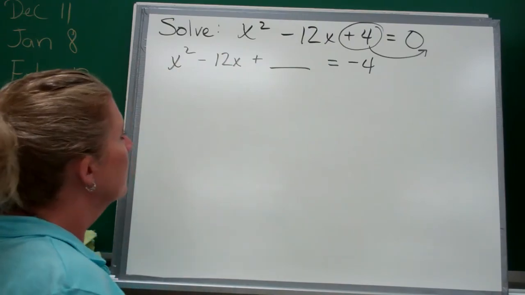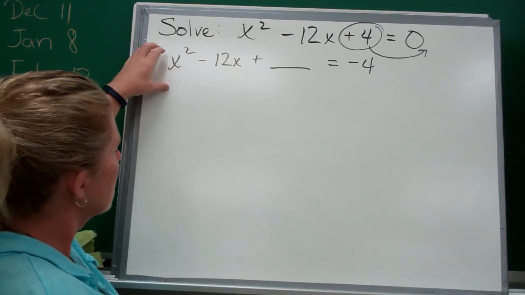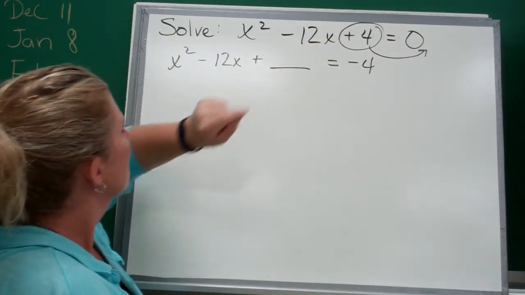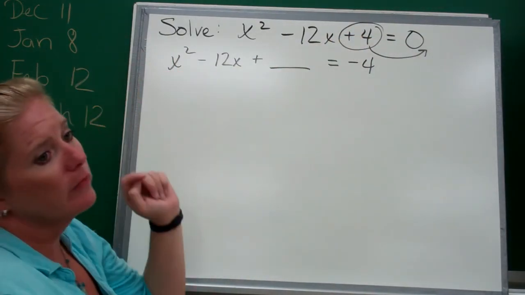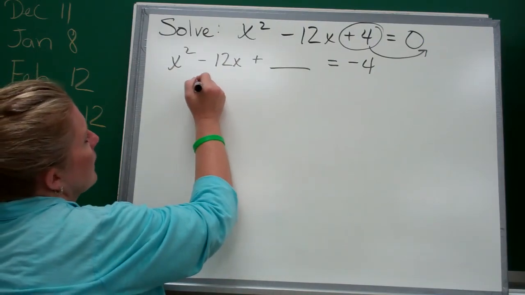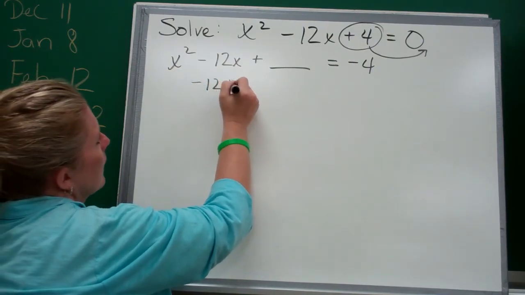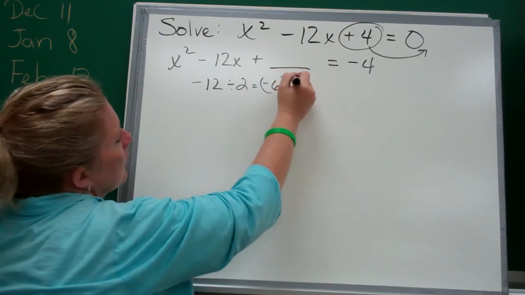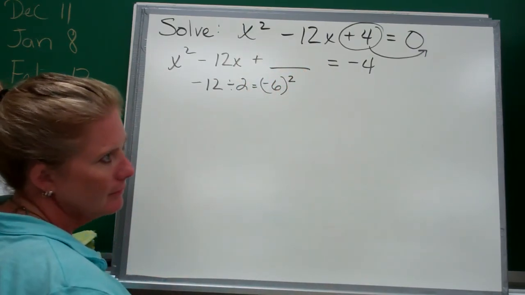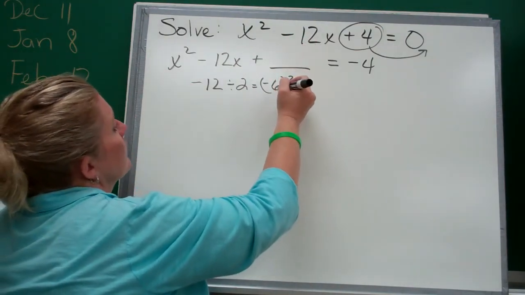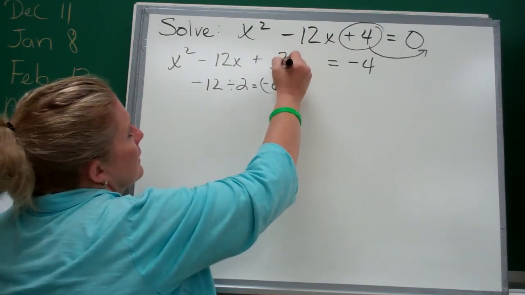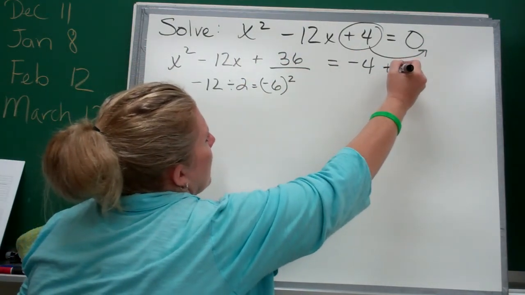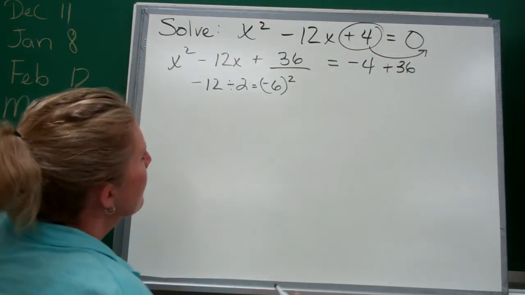And remember, anything you add to one side of the equation, to keep it equal, you have to add to the other side. So we're going to make this a perfect square trinomial by taking your negative 12, dividing it by 2, to negative 6, squared. Negative 6 squared is 36.